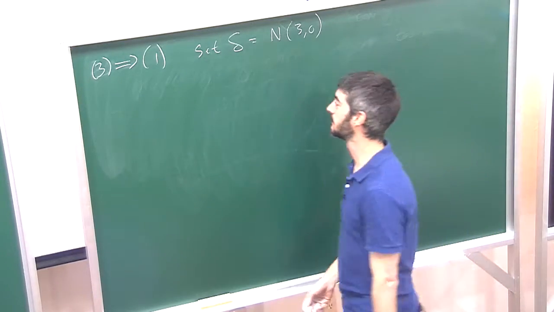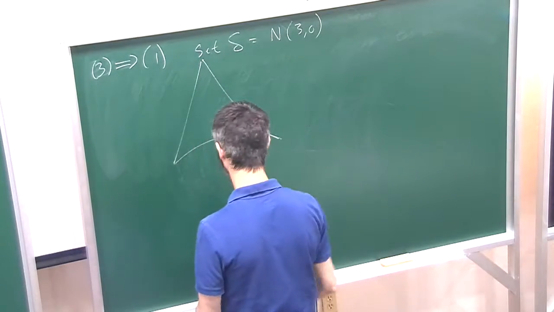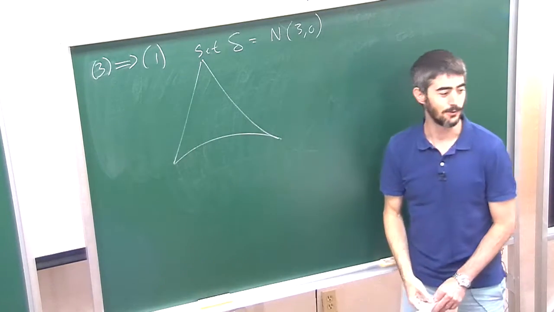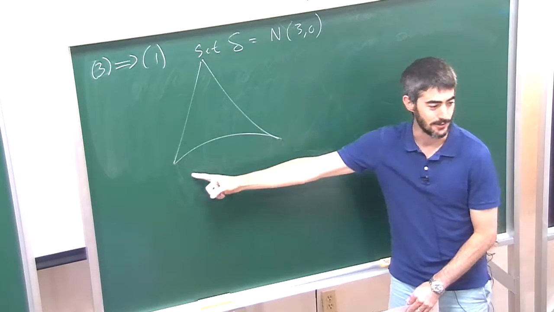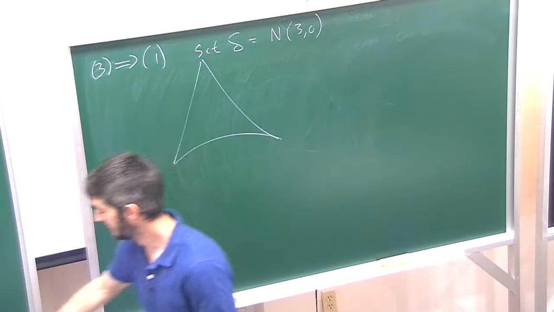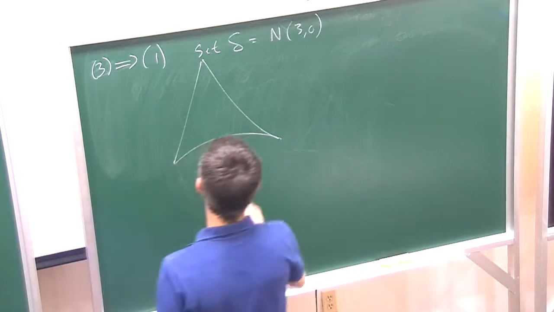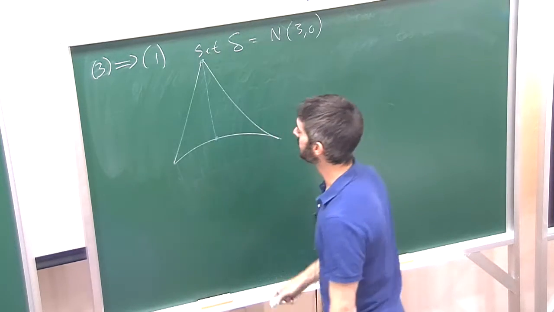So let me draw a triangle. Good. Okay, so what I need to show is that every point, say on the bottom geodesic, is within delta of one of the other two sides. So I draw this picture. I take this point, I do the closest point projection here, and then I go like this.